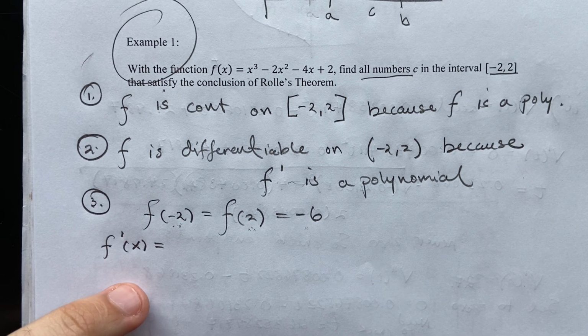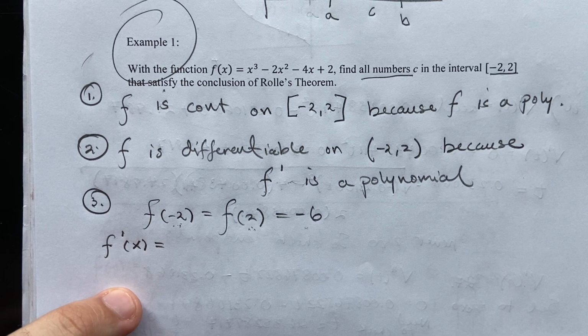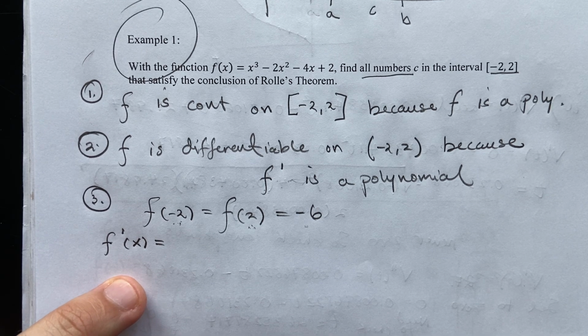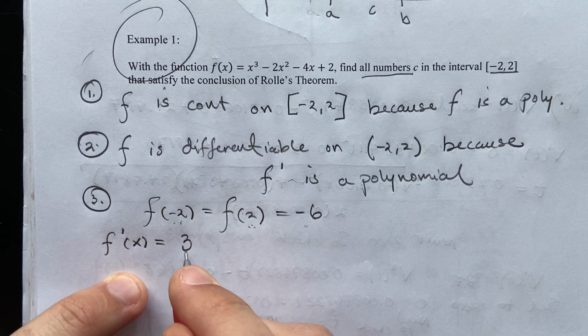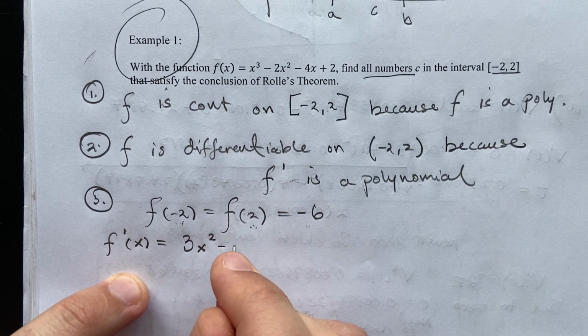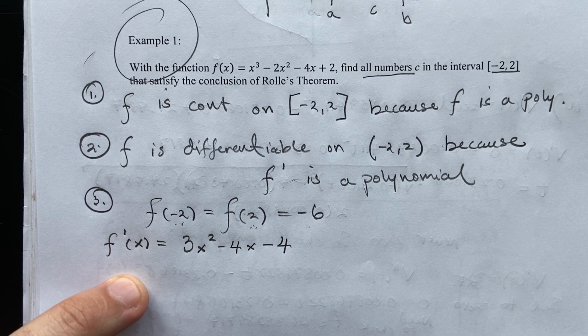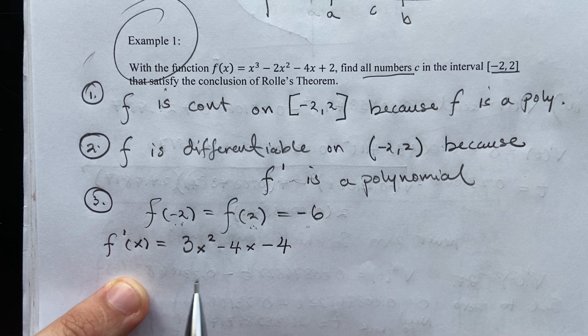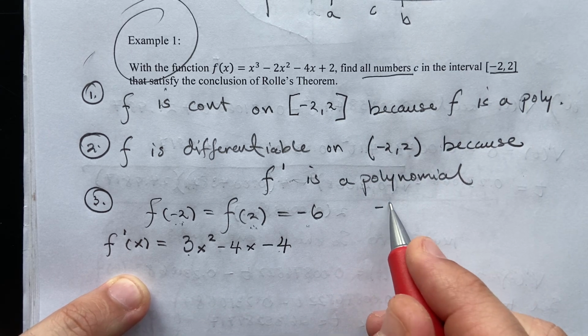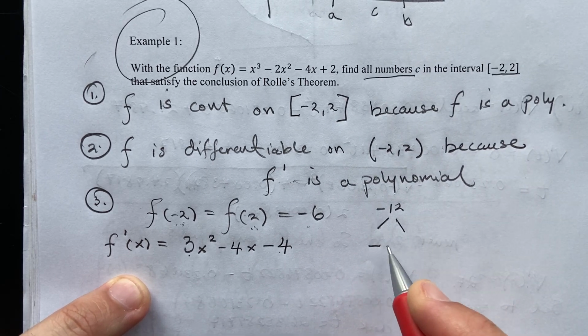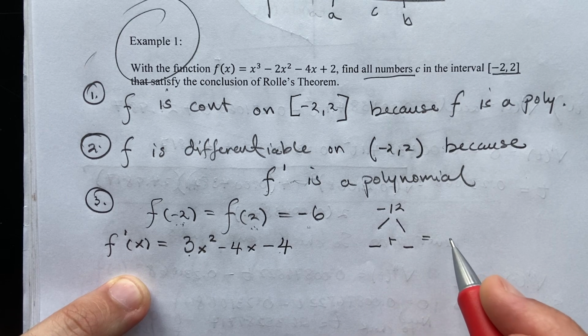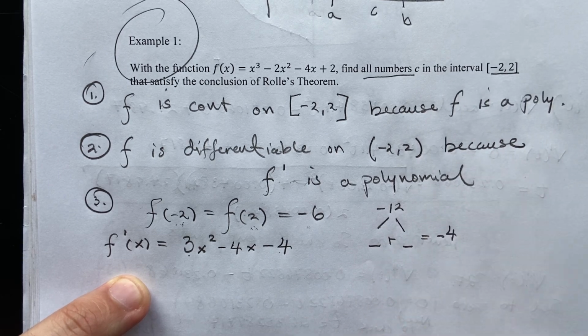Okay, so f prime of x will be 3x squared minus 4x minus 4. It turns out that this thing factors. We're looking for two numbers that multiply to -12 and add up to -4.